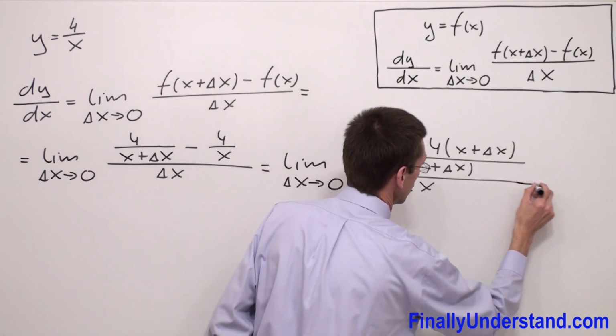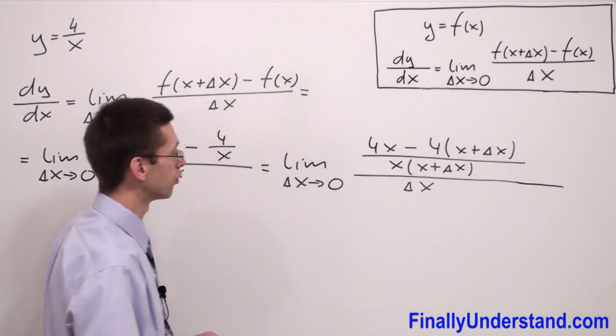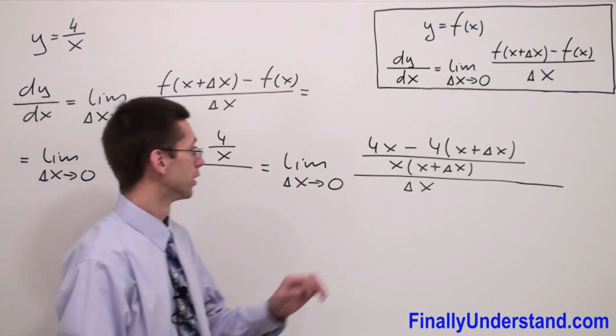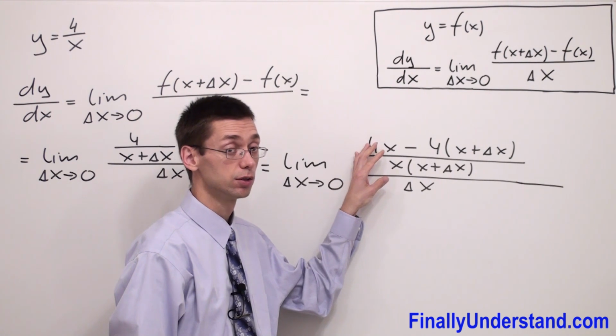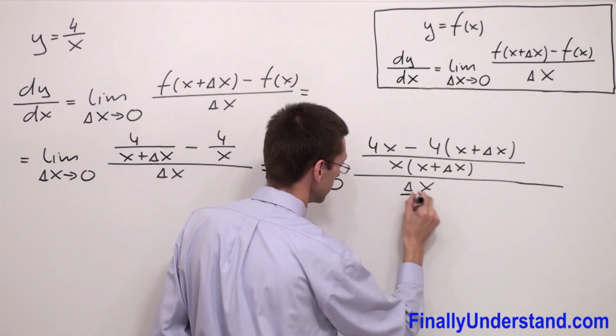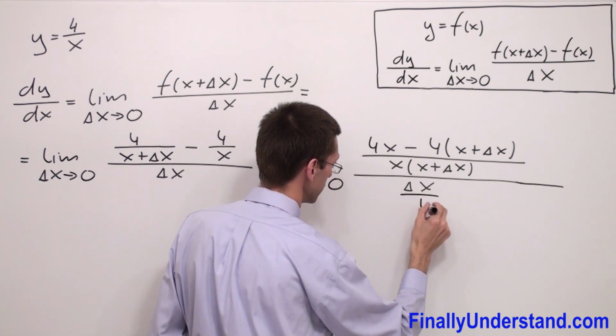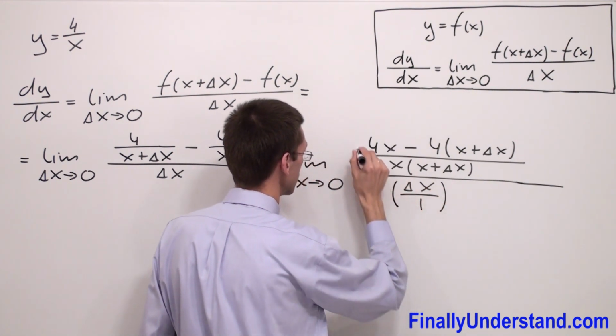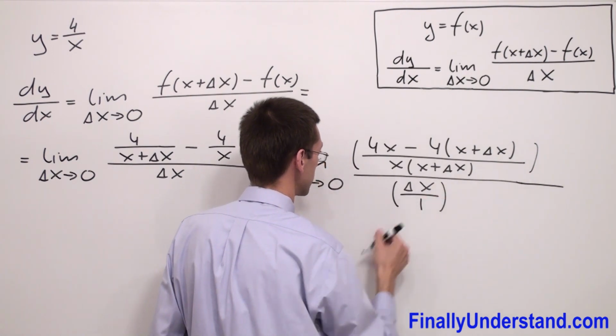Okay, so next, please realize that in the numerator we are dealing with a fraction. So I'm also going to make the denominator a fraction. This is my first fraction, this is my second fraction.